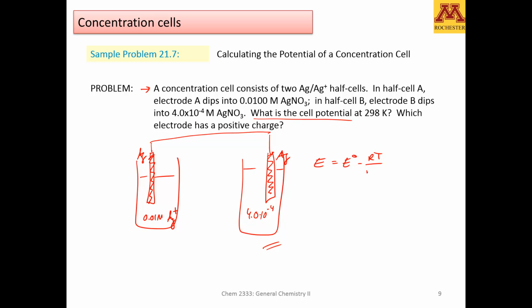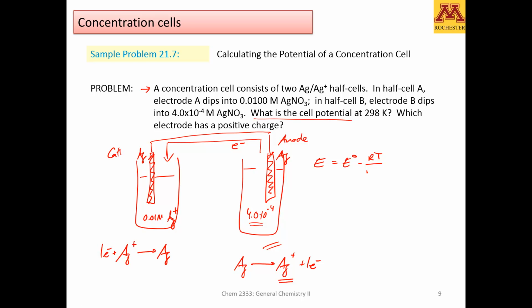You will see there has to be a flow of electrons from right to left, and on this side you want to increase the concentration, so the concentration is products. This will be your anode, and on the other side you will see silver plus plus 1 electron.